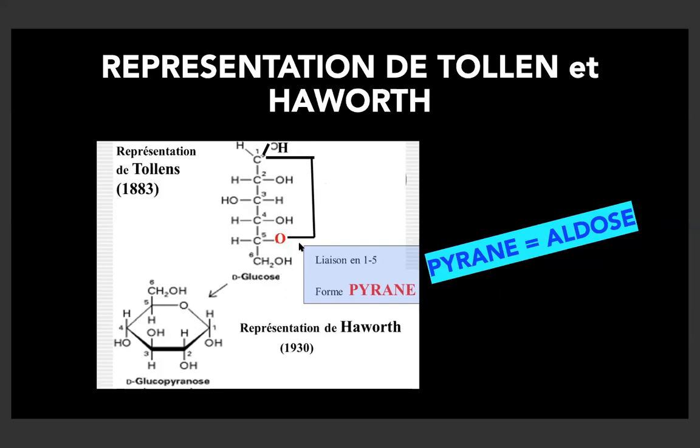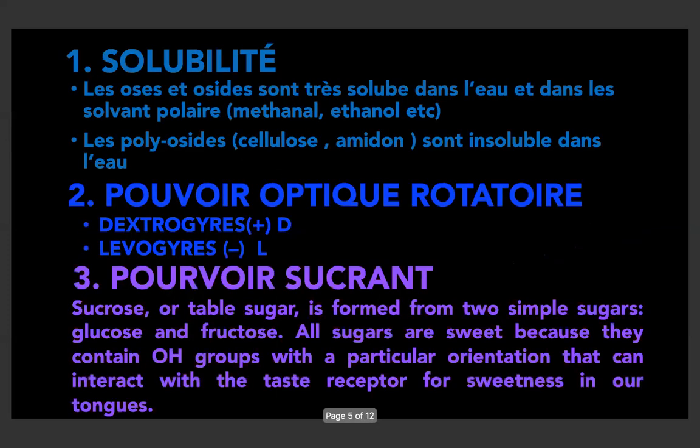It's positive, D. Then if it's the opposite, if this glucose molecule was subjected to light and it reacts negatively to the special light, it will form what we call the levrogyl, which is the negative orientation.